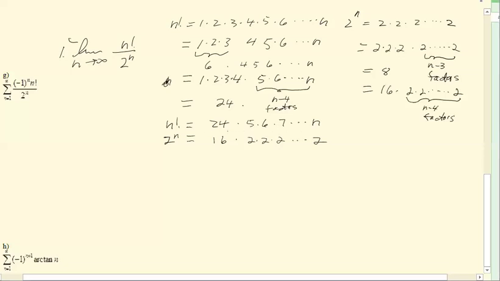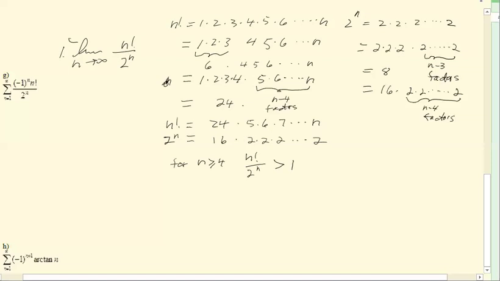So you can see that at least for n greater than or equal to 4, we have n factorial over 2 to the n must be greater than 1.